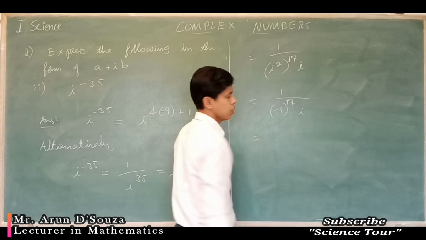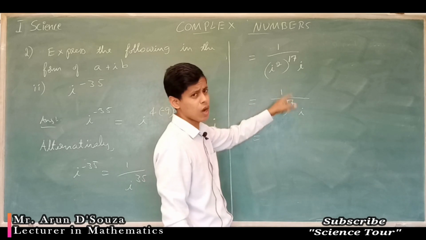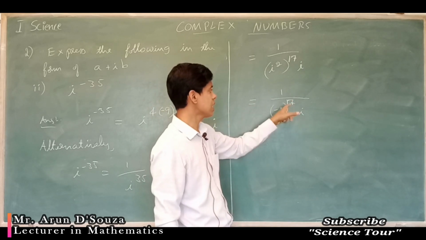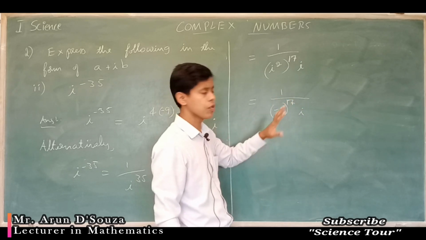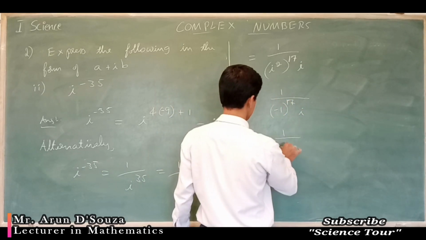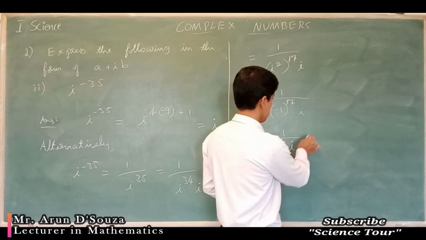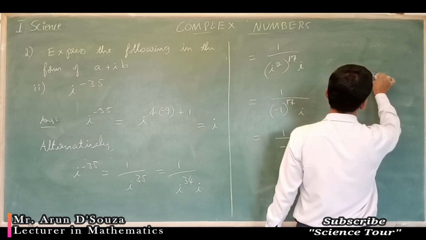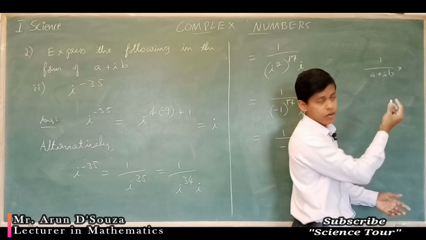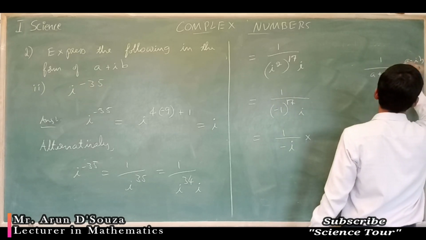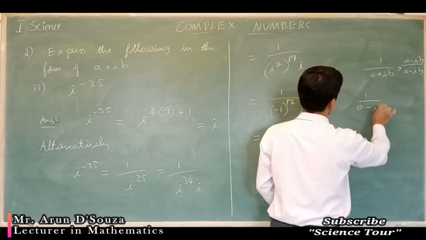Right. So what is this? This is like 1 by minus i, since minus 1 to the power 17, if you have odd power, that will be minus itself. So this is 1 by minus i. Now you have to rationalize. See, if you have a plus ib, what do you multiply and divide? a minus ib. Now what you have is 0 minus i.